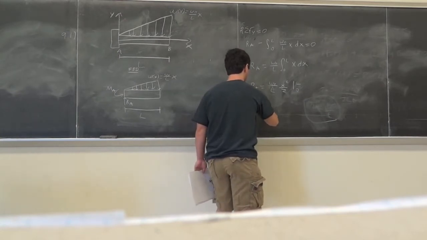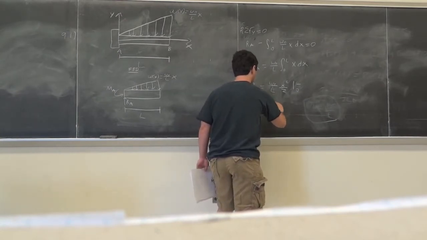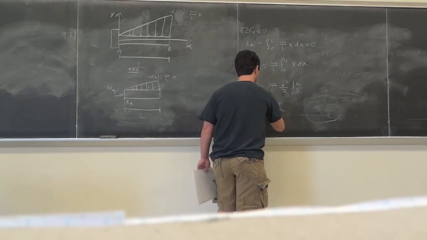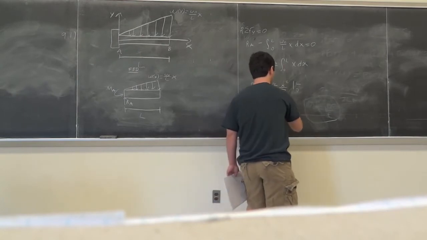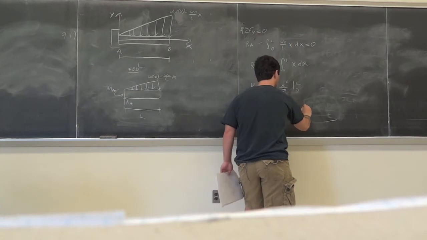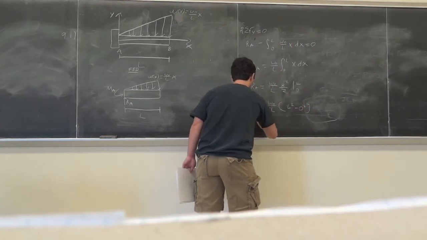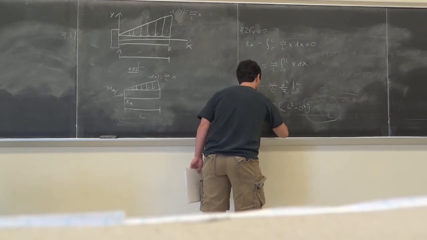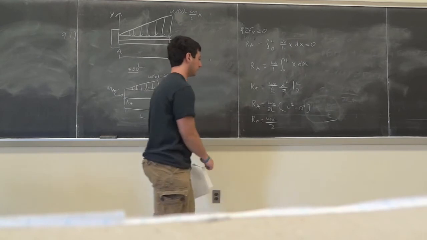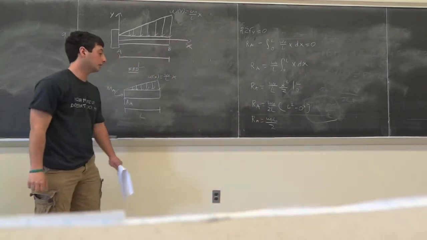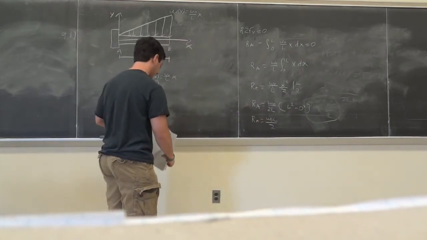So you get RA is equal to W naught over L multiplied by 1 over 2 multiplied by L squared minus 0 squared. So this comes out to RA is equal to W naught L over 2. Right? You guys agree? Okay, so we got the reaction at A.